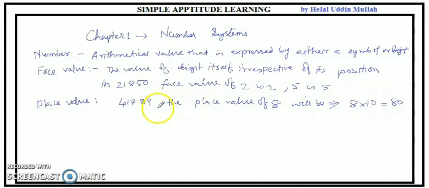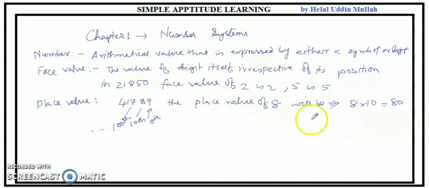That is, if we see, this is the 0th position, this is the 10th position, this is the 100th position, and so on. So the place value of 8 is 80.